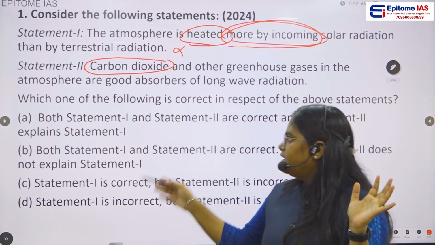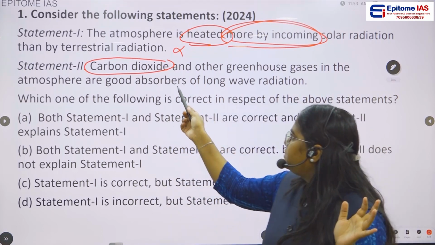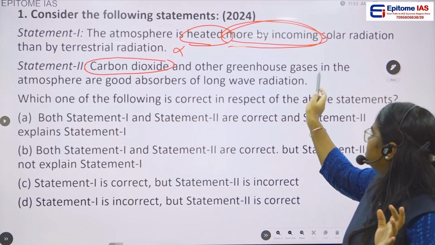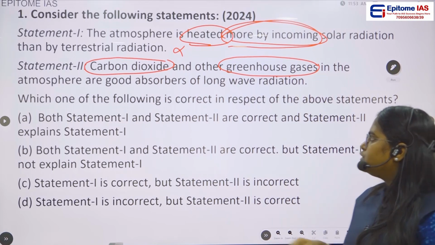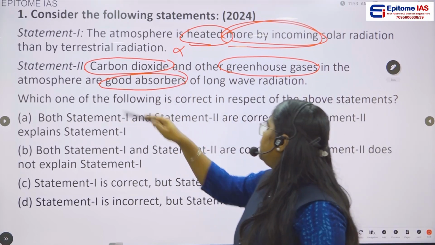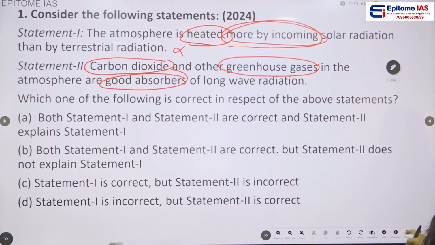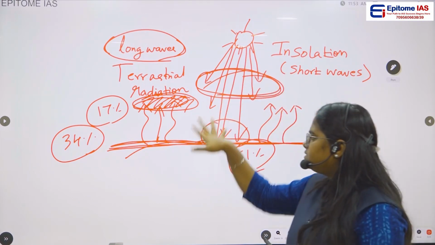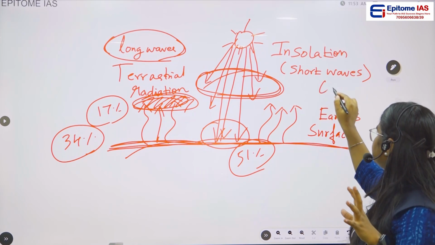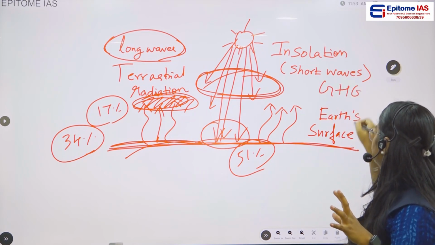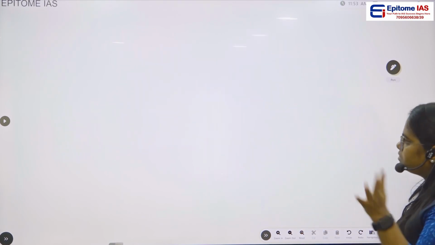Okay, and if you see the second statement, the carbon dioxide and other greenhouse gases in the atmosphere are good absorbers of long wave radiation. So we see here, in the atmosphere there are some greenhouse gases. Let us do it in the next slide.